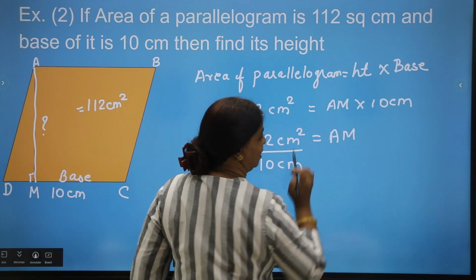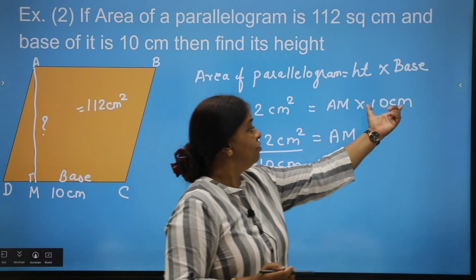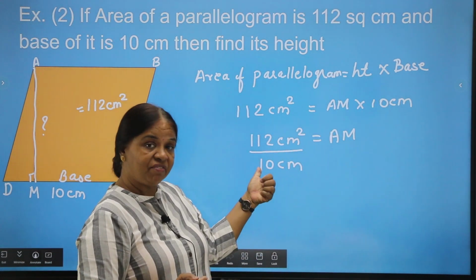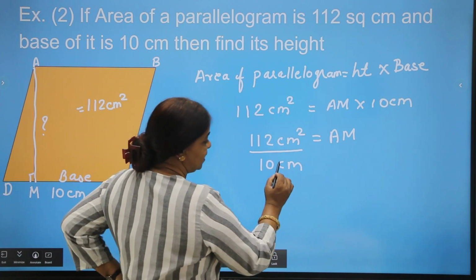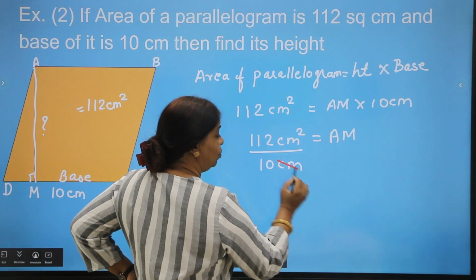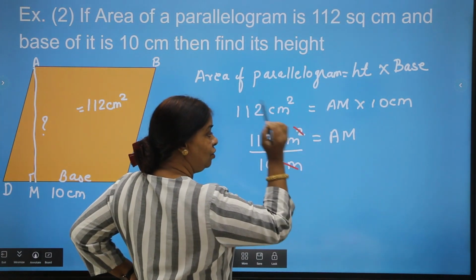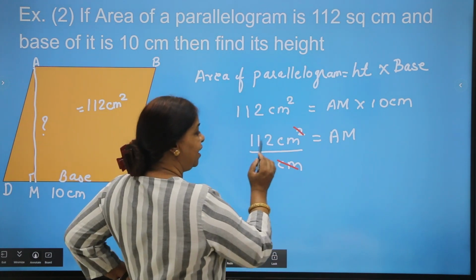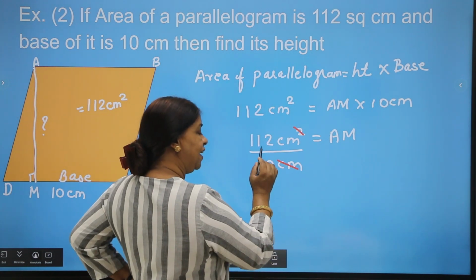This number is multiplied with AM. So when this number will come this side, it will be dividing the number which is there on the left side. So this centimeter unit will get cancelled with this 1 unit of centimeter because it is square, and 112 will be divided by 10.